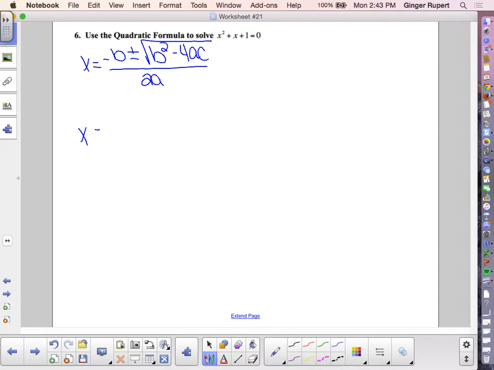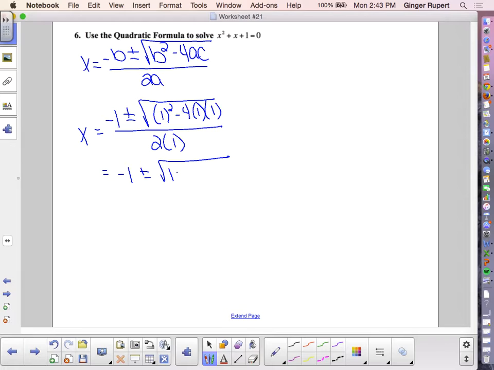So in this case, that means minus 1 plus or minus the square root of 1 squared minus 4 times a times c all over 2 times a. So I have minus 1 plus or minus the square root of 1 minus 4 all over 2. So minus 1 plus or minus the square root of negative 3 over 2.